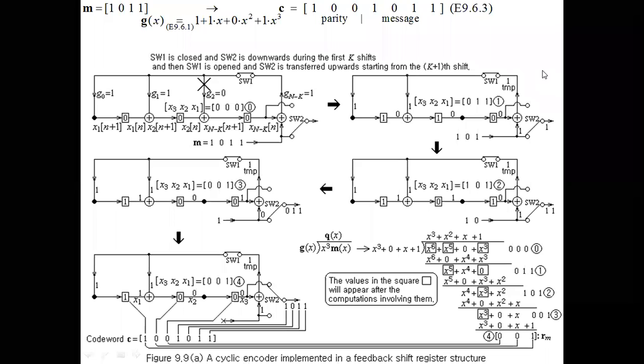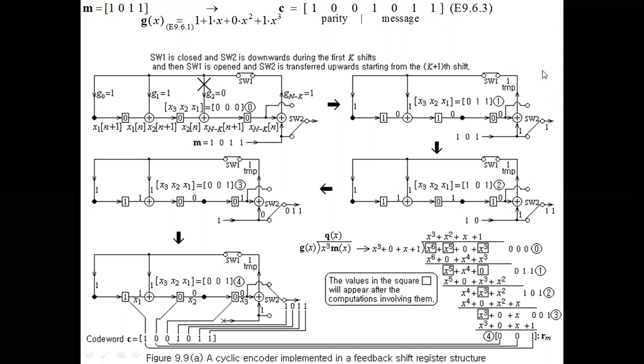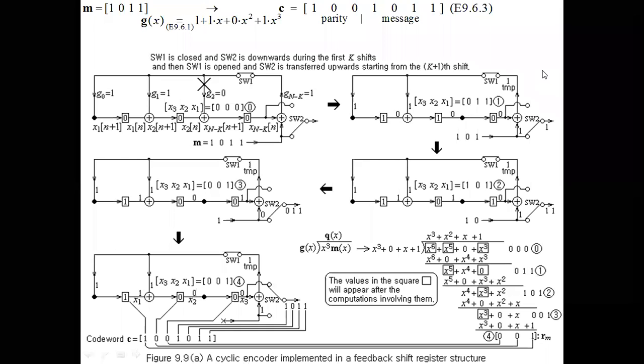X to the power n minus k, if n is equal to 7 and k is equal to 4, is x cube. X cube is multiplied with m of x, the message signal polynomial. Then x to the power n minus k times m of x is divided by g of x.